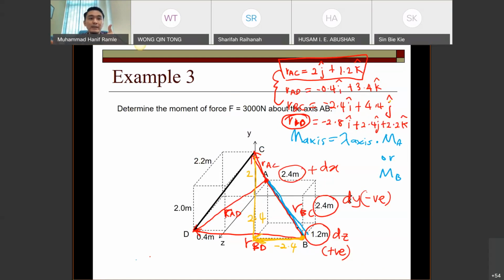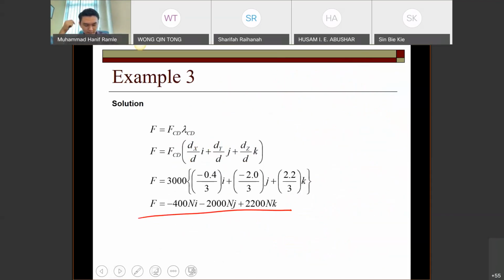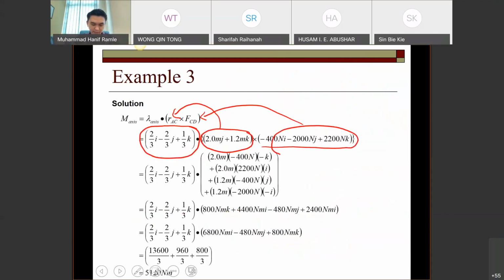But it will take more time. You have to spend more time to get the answer, and maybe there are some errors that occur during the calculation. That's why we have to use the simplest R. If you substitute RAD, RBC, RBD into the equation, you will get the same answer actually. You can try it later.